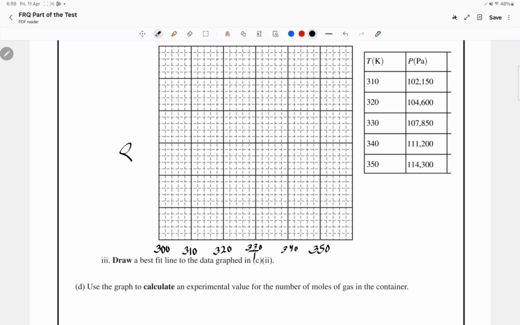But for the pressure, my lowest point is 102.150, and I will just say pressure times 10 to the power of 3 to make my numbers easier.